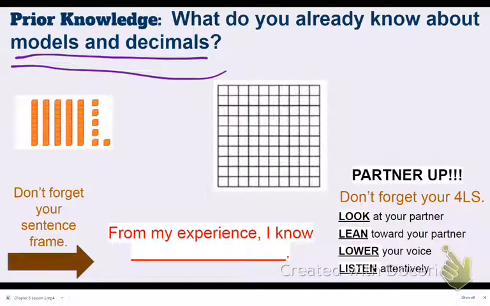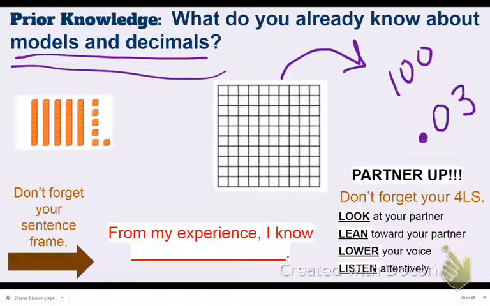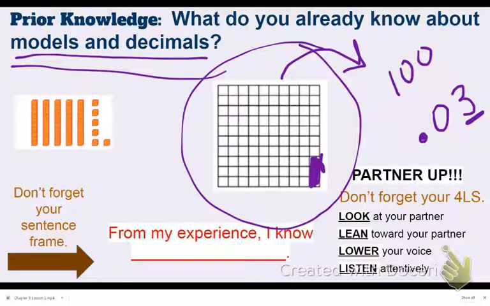So it's been a while since we've seen these, and I want to remind you that this grid here has 100 blocks, or it's hundredths. So if you look at a decimal and you have 3 in the hundredths place, or 3 pennies, 3 cents out of 100, then you would color in 3 of these squares. Again, this grid is usually for hundredths or pennies or values that are in this place on the place value chart.